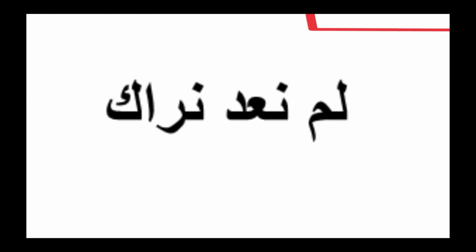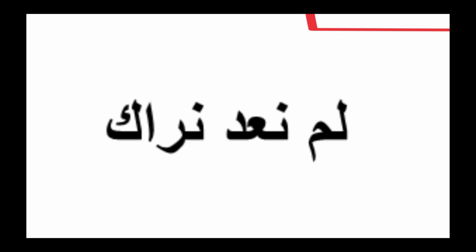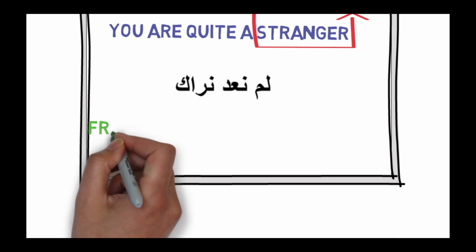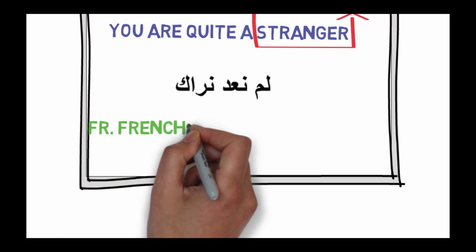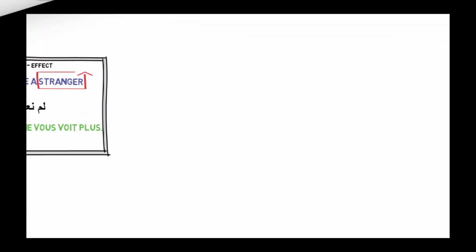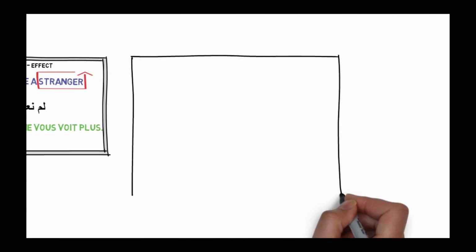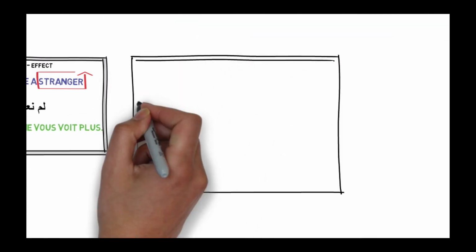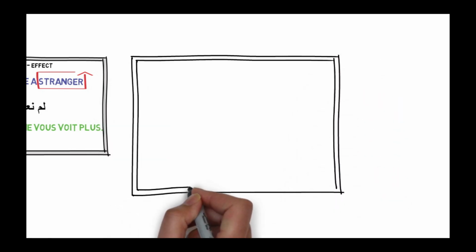Why has he become a stranger? Maybe because we haven't seen him for a long time. So we can put in Arabic that way. لم نعد نراك. It's also used in French. This example in French, we can translate it back into English as we don't see you anymore.